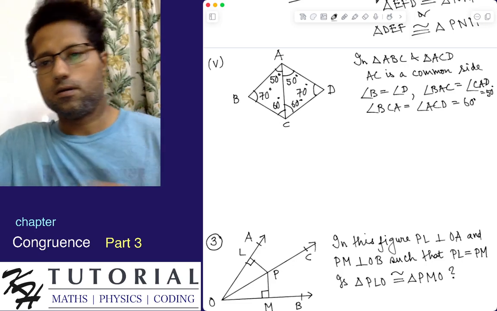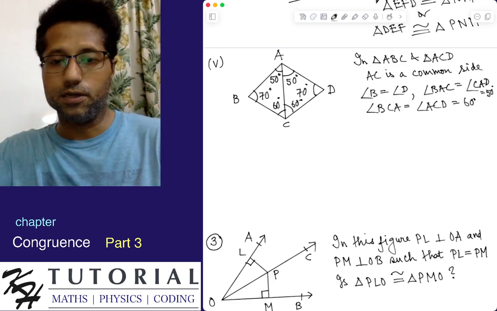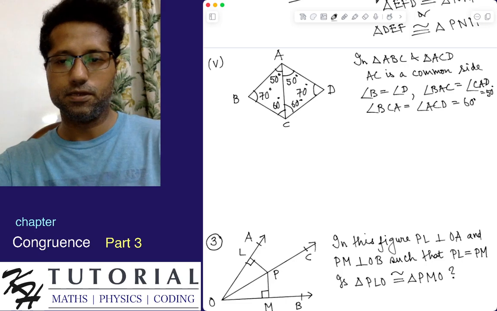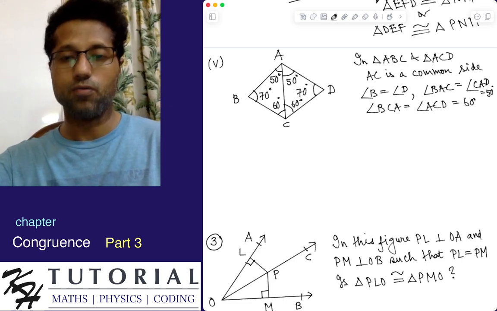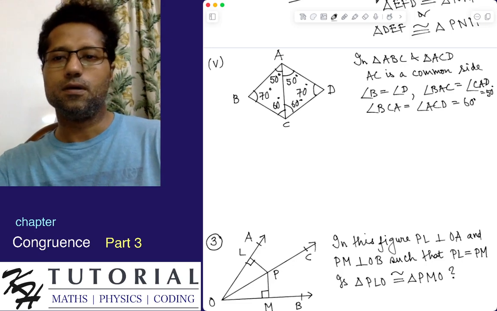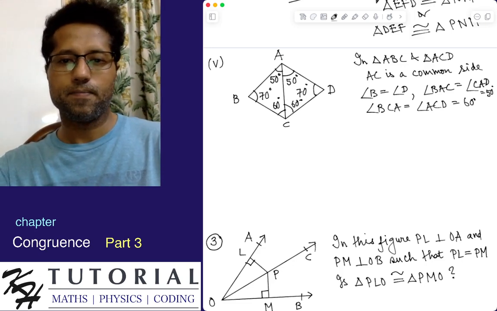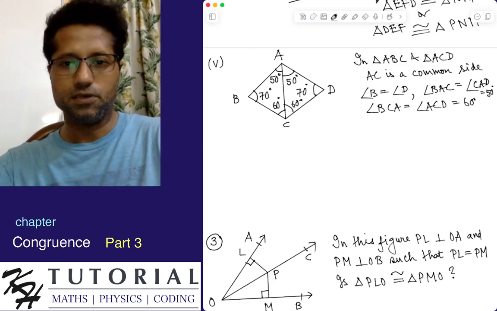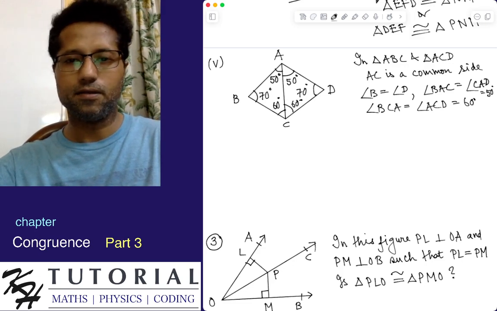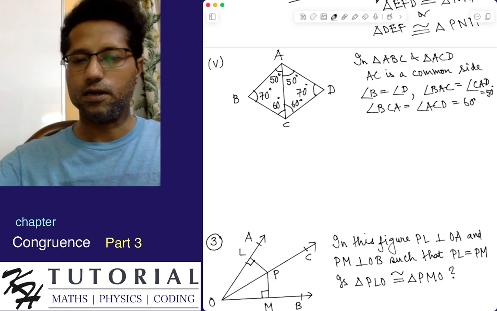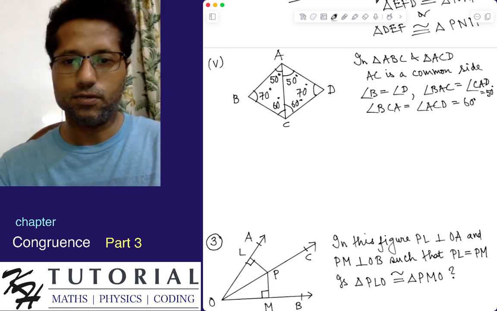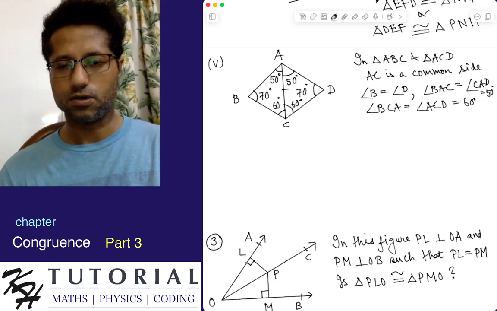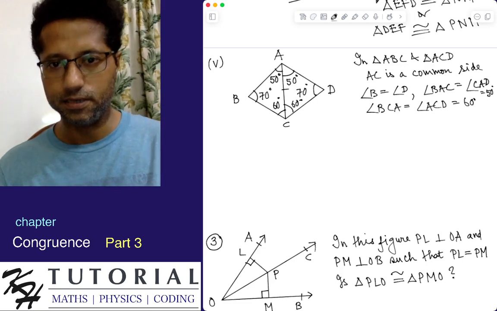What is the condition of congruency that is applicable for the congruence of these two triangles, ABC and ACD? Three angles is not a congruence condition or criteria. We know that AC is a common side to both triangle ABC and triangle ACD.